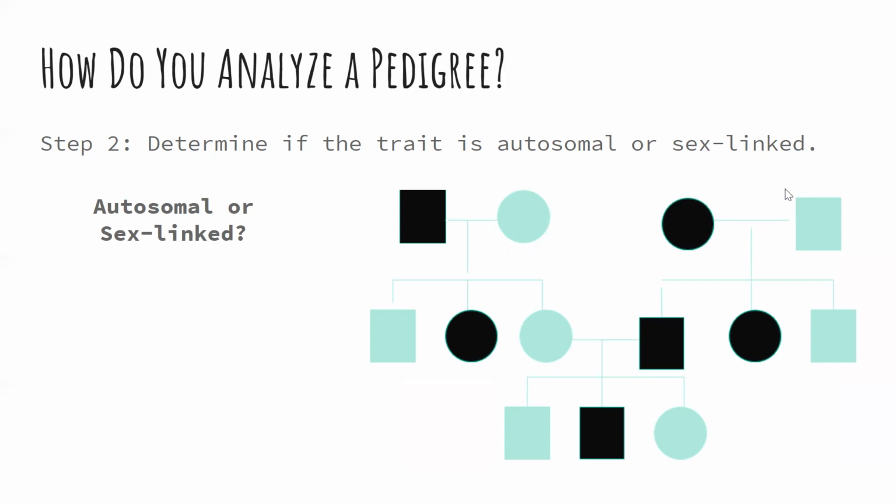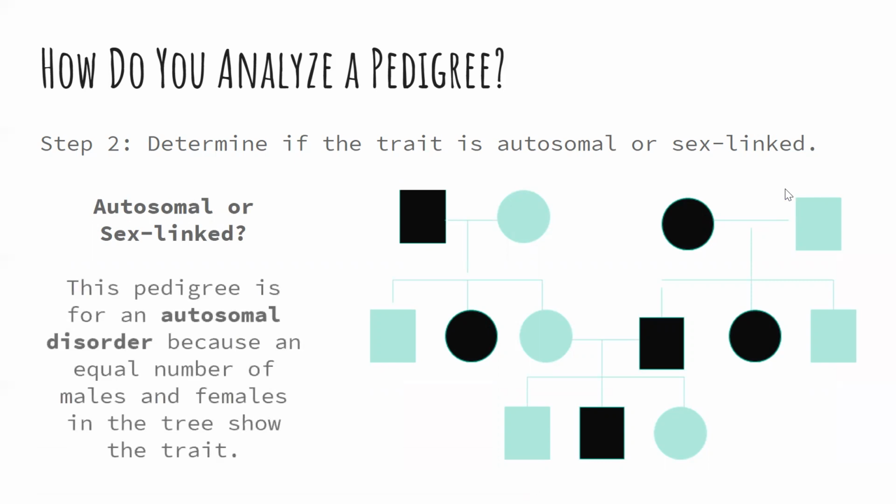Is there an equal amount of people affected, or are there more males than females? Yes, there is an equal amount of males and females affected. So this is an autosomal disorder. Most likely, this trait is caused by a gene on chromosomes 1 through 22.